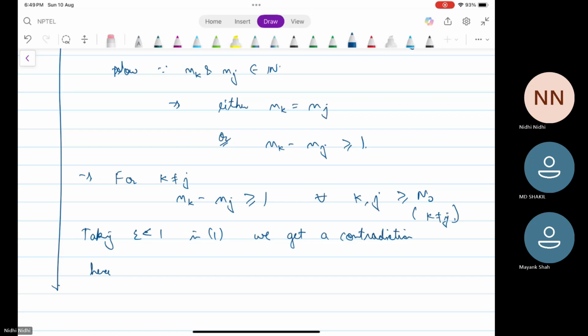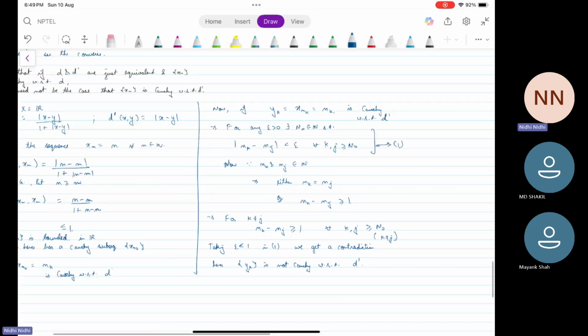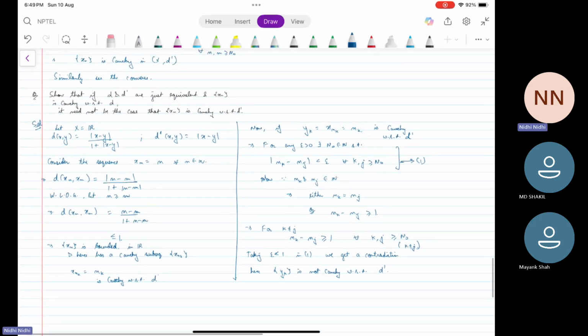Hence this sequence is not Cauchy with respect to the metric d prime. It was Cauchy with respect to d because it was eventually bounded. From there we got Cauchiness, but it need not be Cauchy with respect to the standard Euclidean metric. The main issue was that here we are getting this less than or equal to 1 always.